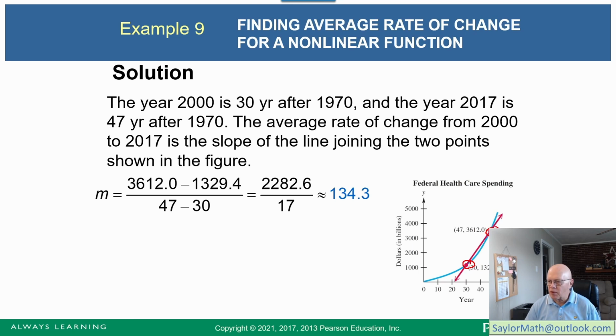And that slope is 134.3. And notice that it's positive. It's going upward. You can tell that from the graph too. Those should match. This being positive and the line segment going upward as you view it from left to right.